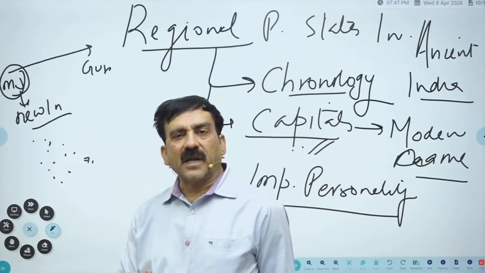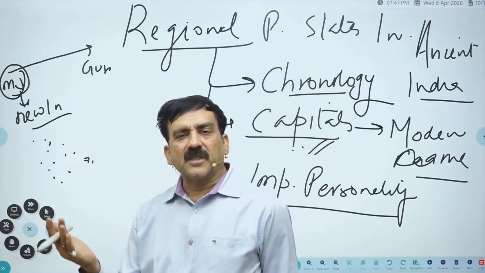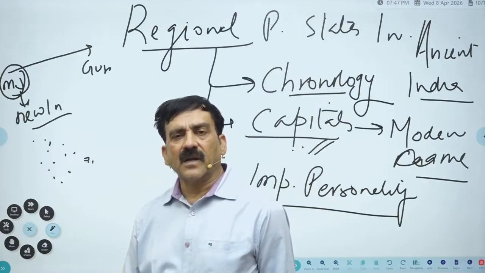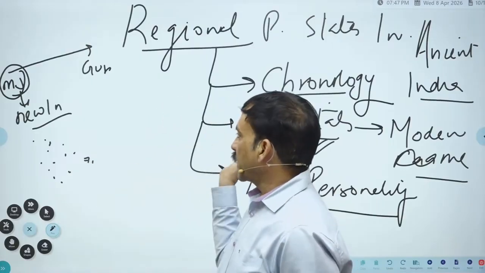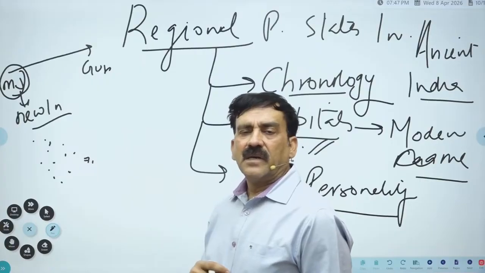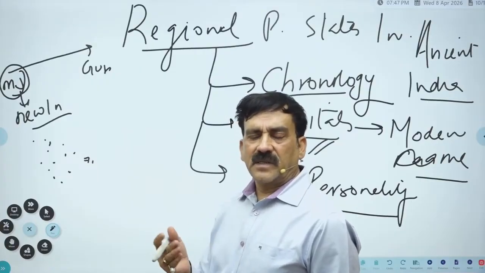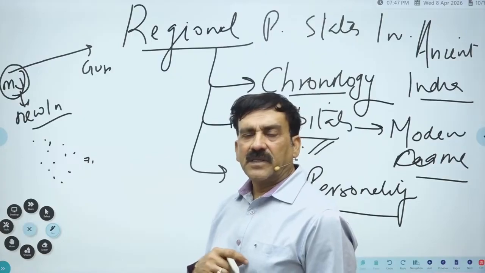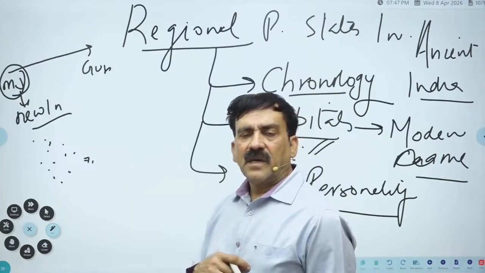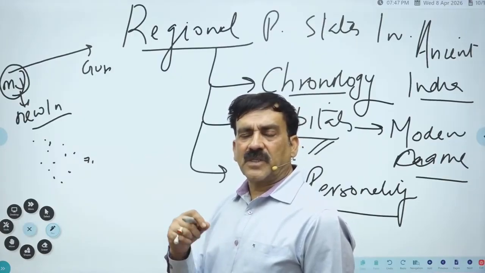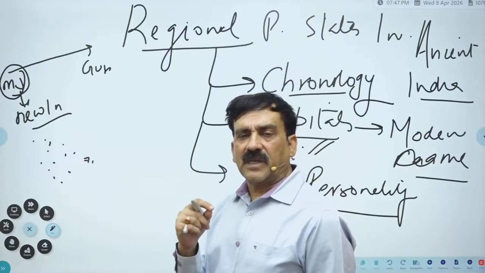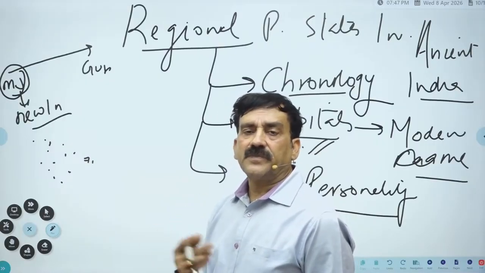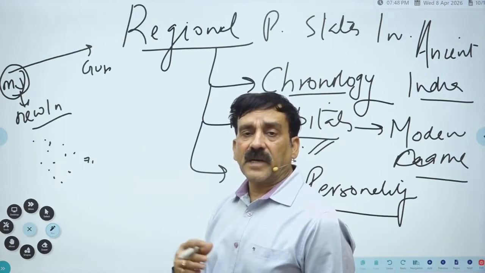Last year a question was asked: which pair is matched or which pair is mismatched? Ashmak, Gandhara, and all this. So just take note of the states and their capitals. For example, a question was asked 7 years back: which Janapada's capital was lying beside the river Yamuna? It was Vatsa. The capital is Kausambi.